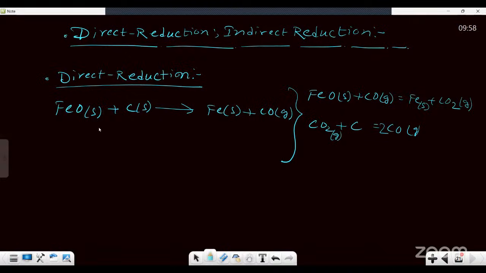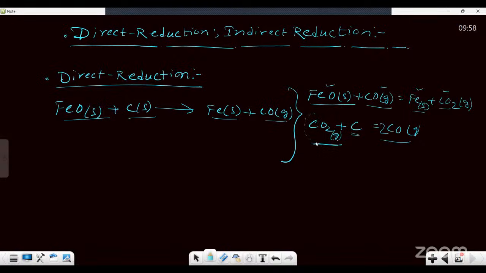You need to understand. The direct reduction reaction that I have written, where I have just written FeO coming in contact with the coke and getting reduced into iron and CO gas, is not actually taking place like this. Rather, the reaction is taking place in this way: FeO is coming in contact with the CO gas and is reduced to iron and CO2. Now, this CO2 gas is coming in contact with the carbon, and after coming in contact with carbon, it gives us 2 times of CO. So this is called the carbon gasification reaction.